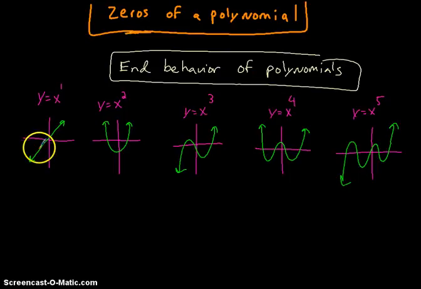So in this function, you have 2 ends. As this is the x-axis, this is the y-axis. As x approaches the left, or we say negative infinity, the function y approaches, it goes downward. So x goes to the left, the graph goes downward. It's going down further and further. So we say y approaches negative infinity.